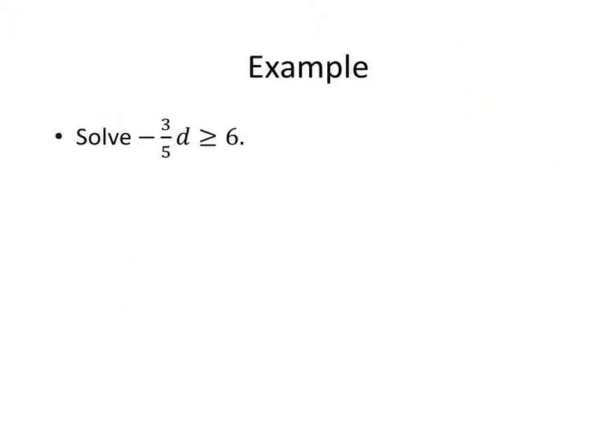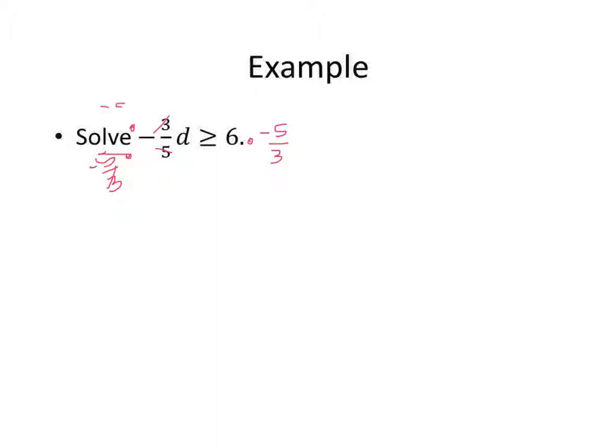Okay, so if we have negative 3/5 D is greater than or equal to 6, and we want to get D by itself, how do we get rid of the negative 3/5? We are going to multiply by the reciprocal. We are multiplying by negative 5/3. Remember, any number times its reciprocal is 1, so the 5's cancel, the 3's cancel.